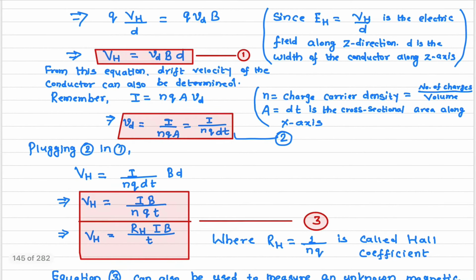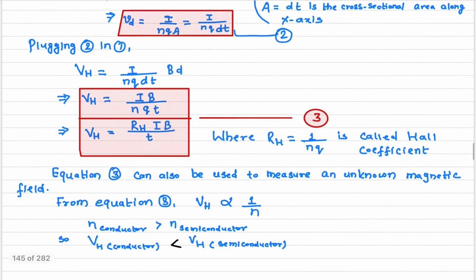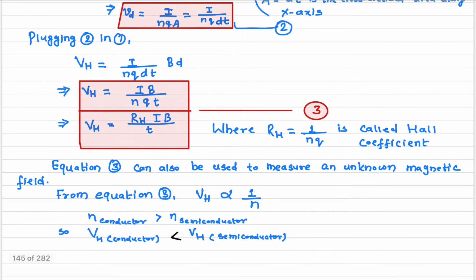All right, so this is the Hall voltage, and the Hall voltage is directly proportional to the current, directly proportional to the magnetic field, but inversely proportional to N. And what is N again? The charge carrier density.